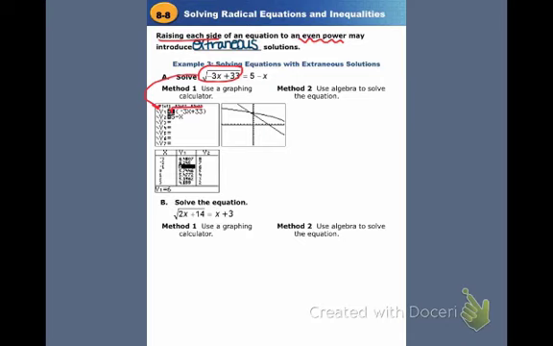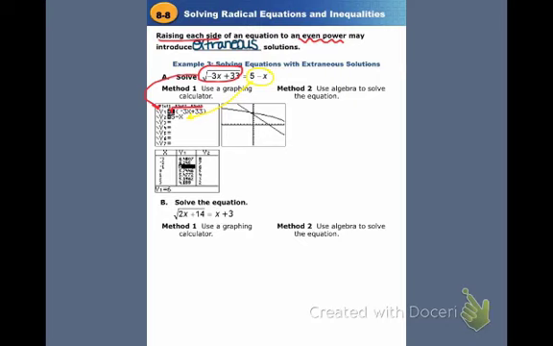We took the square root of negative 3x plus 33 and put that under y sub 1, and then we'll take the other side and put that in y2. What we want to know is when they're equal, so we want to look at the graph to see where the two graphs, one's a curve, will cross. And then in the table, we want to see when the outputs are the same.